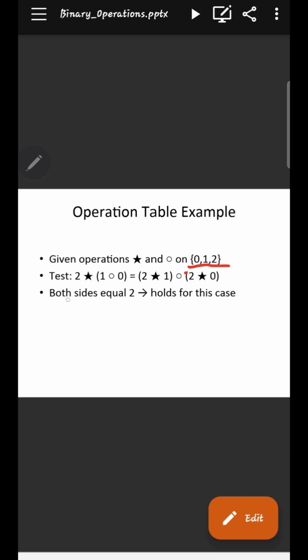So both sides must be equal for it to hold in this case. Now let's use real numbers.